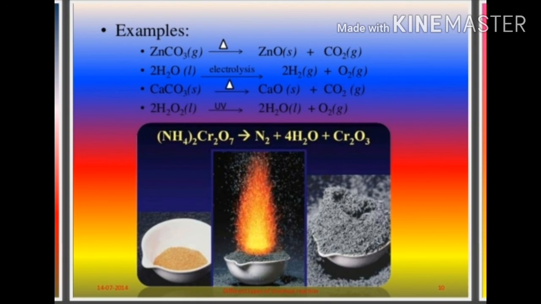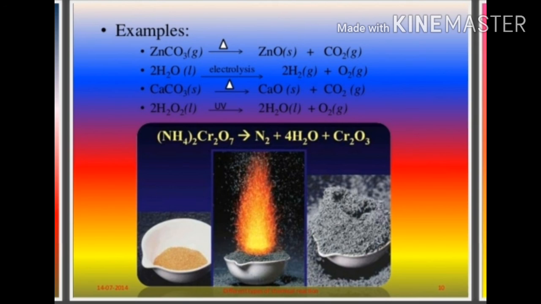Examples of decomposition reaction. First is zinc carbonate. When it is heated, it produces two products, zinc oxide and carbon dioxide gas. Water, when it is electrolyzed in the presence of electricity, produces two gases, hydrogen and oxygen.